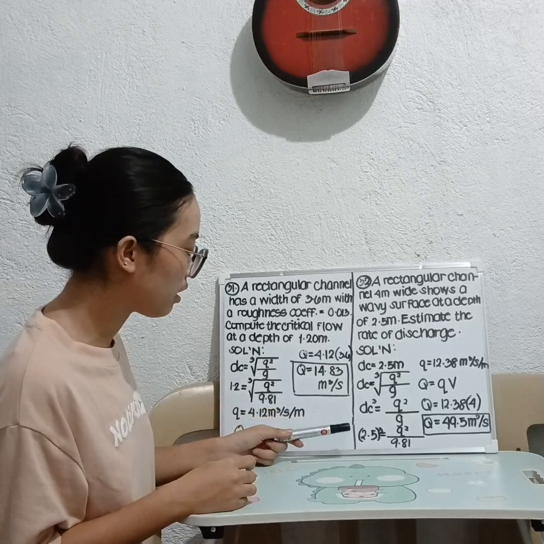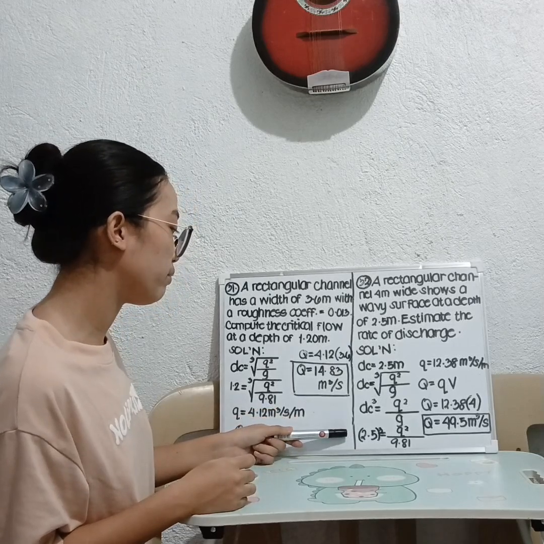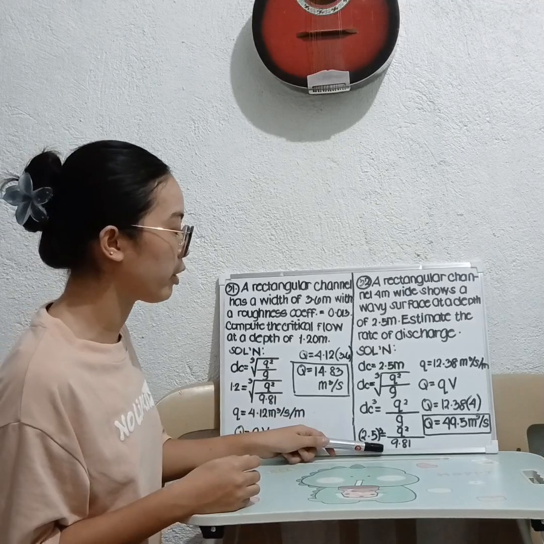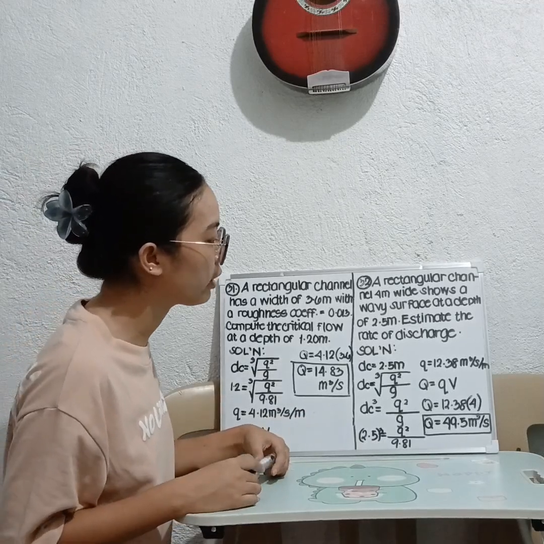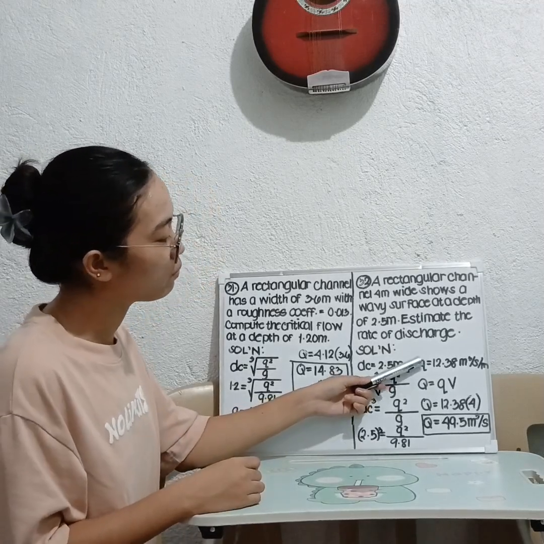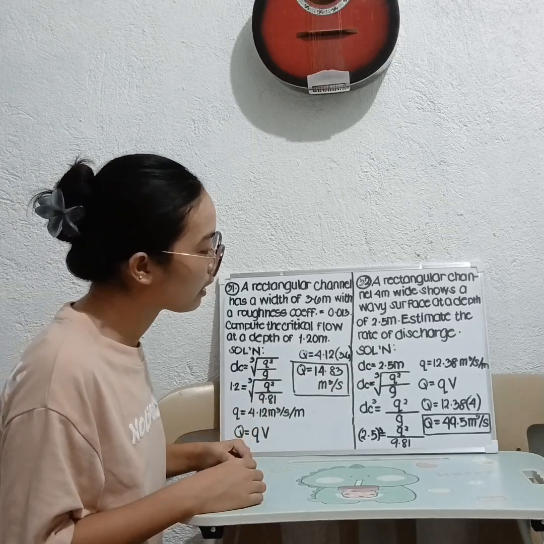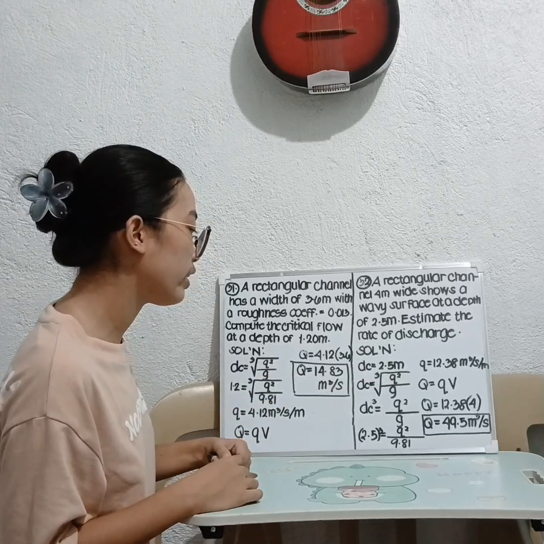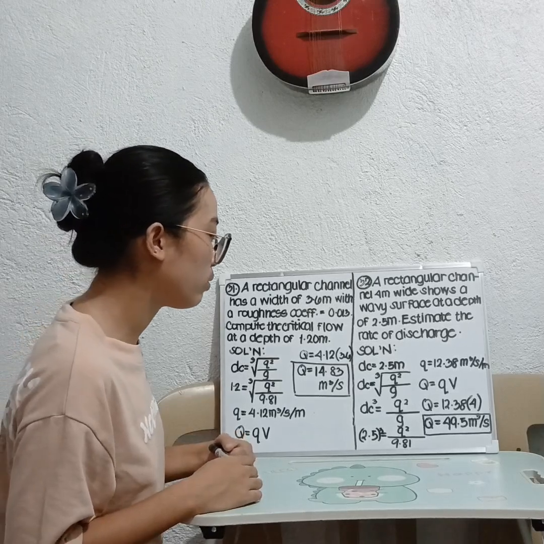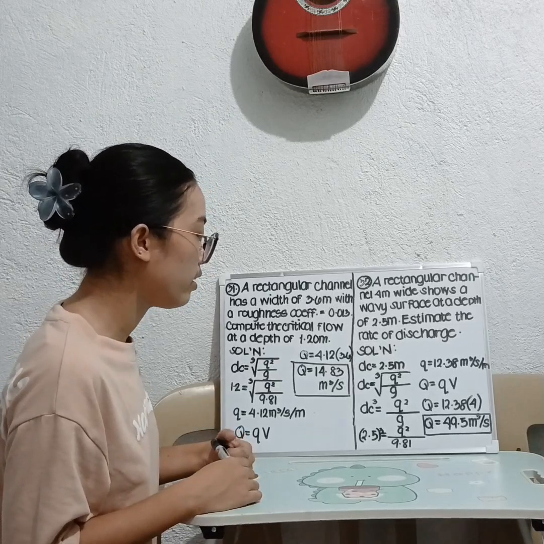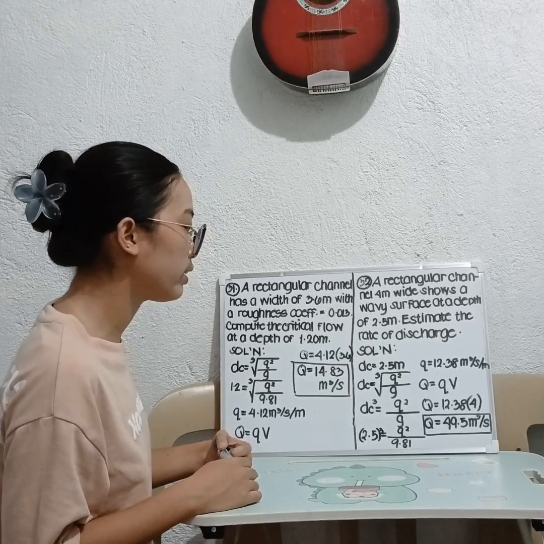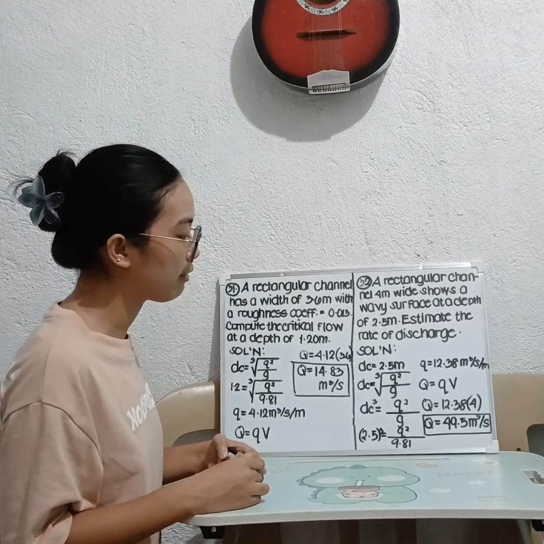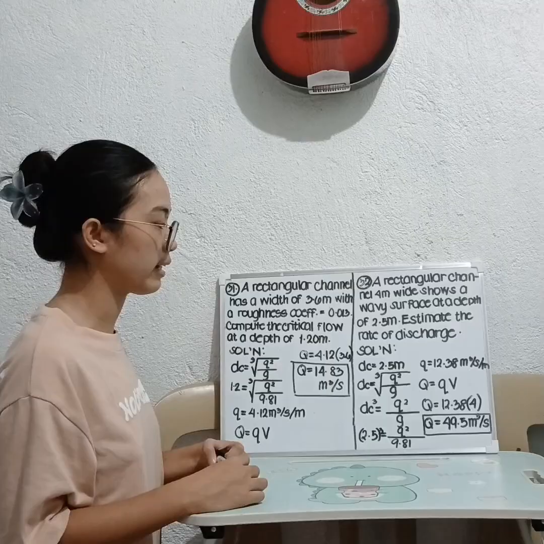Then substitute the given. We have 2.5 cube is equal to q squared over 9.81. So we get 12.38 meter cube per second per meter. Then use the flow rate is equal to q times the width. We have Q is equal to 12.38 times the width of 4. We get 49.5 meter cube per second.